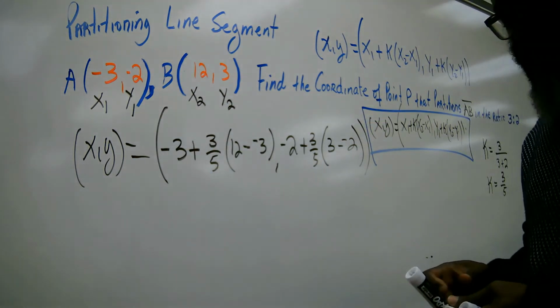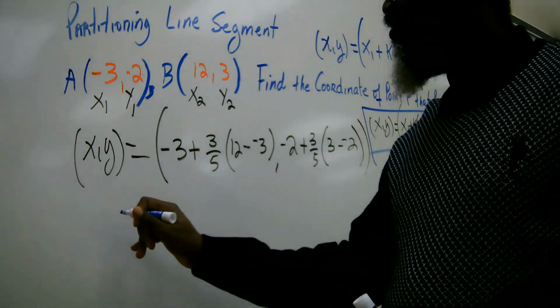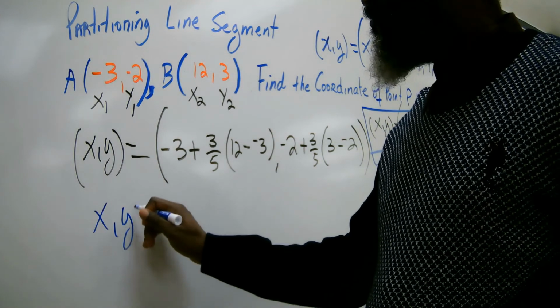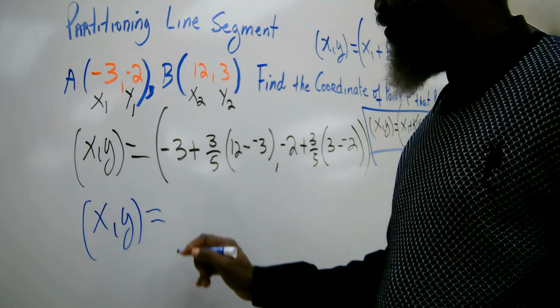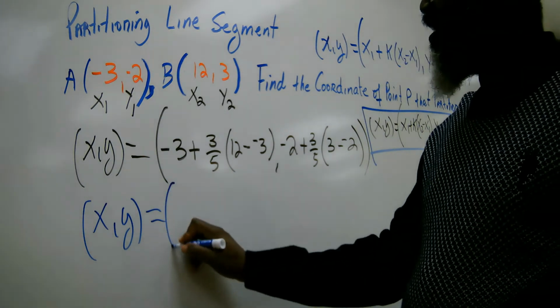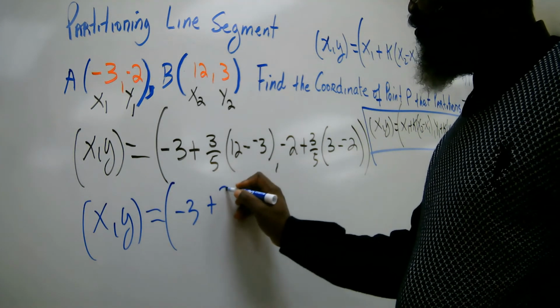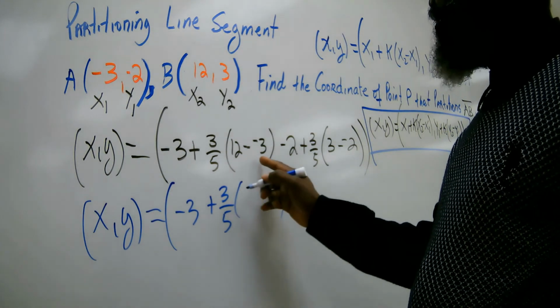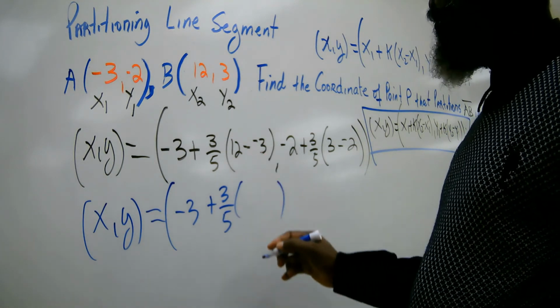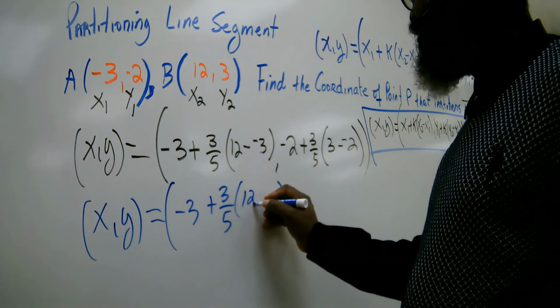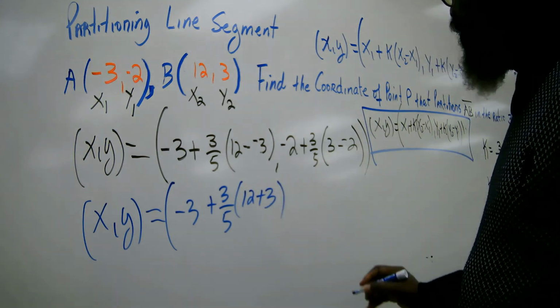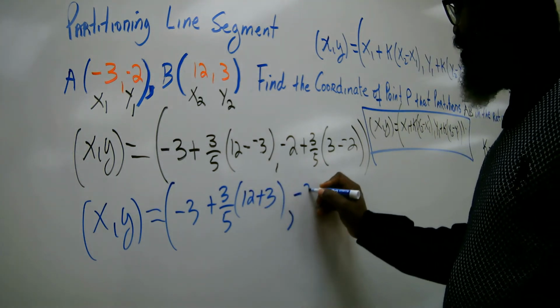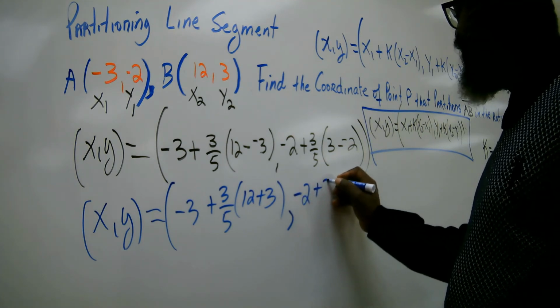In this case we need to simplify that. This is the point that we are looking for on AB. That will be negative 3 plus 3/5. Let's simplify the parentheses: 12 minus (-3) will be 12 plus 3, comma, y1 is negative 2 plus 3/5.